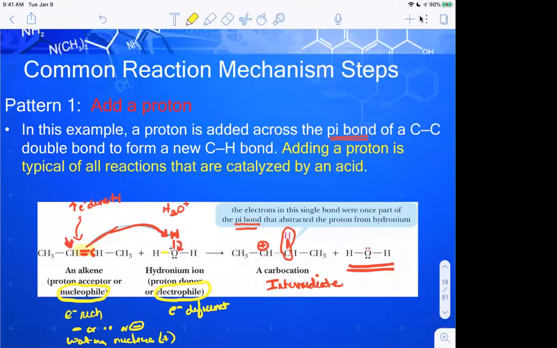So this is usually a positive charge or a partial positive charge. Because it's partial positive or fully positive, it's electron deficient and it wants electrons, hence the electrophile. So this would be another step that indicates a different way where I follow this pattern of adding a proton.